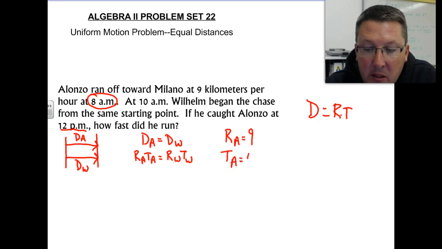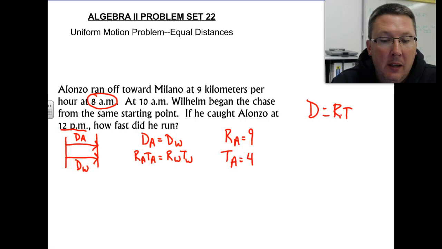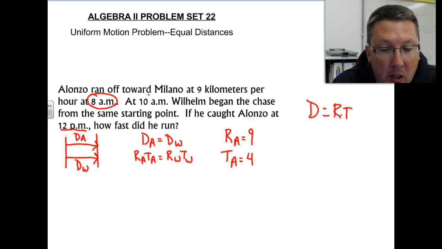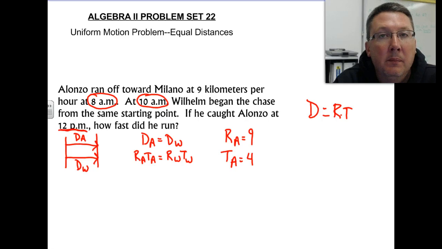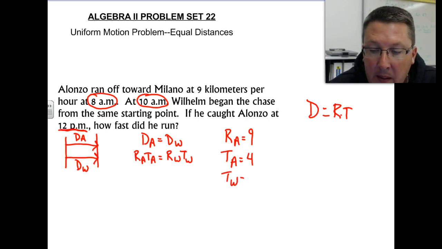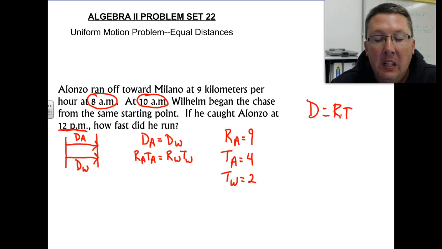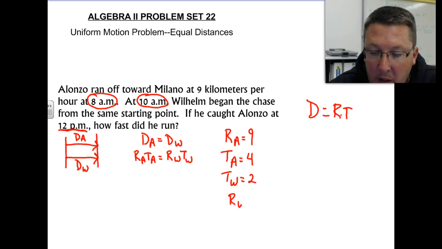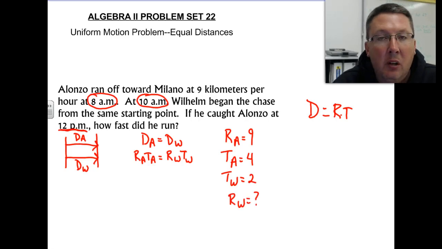So the time for Alonzo is 4. All right, now we look at Wilhelm. I don't know how fast Wilhelm was traveling, but I do know that he started at 10 a.m. and he caught Alonzo at 12 p.m. So from 10 a.m. to 12 p.m., the time for Wilhelm is 2 hours. So the one thing we don't know is the rate for Wilhelm. That's what we'll solve for.